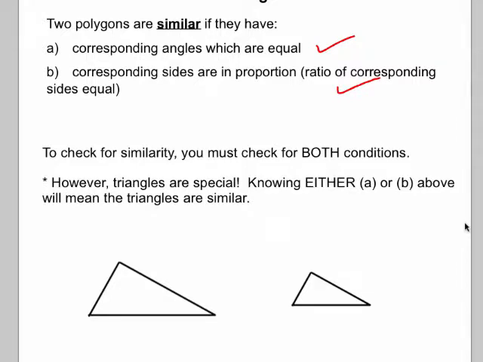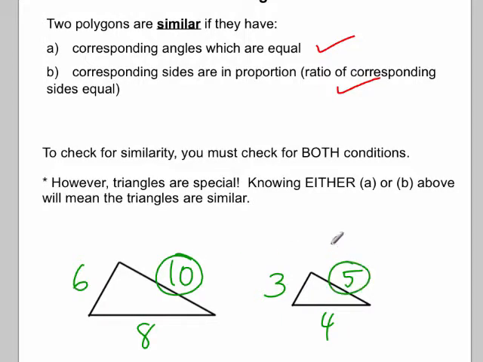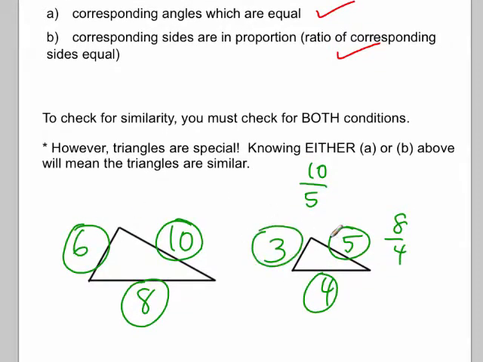So for example, let's suppose I had a triangle here, and this first one's twice the size of the other, let's say. Let's suppose this is 6 and 3, 10 and 5, 8 and 4. I can check whether these triangles are similar by taking corresponding sides: 10 divided by 5, 8 divided by 4, and 6 divided by 3.